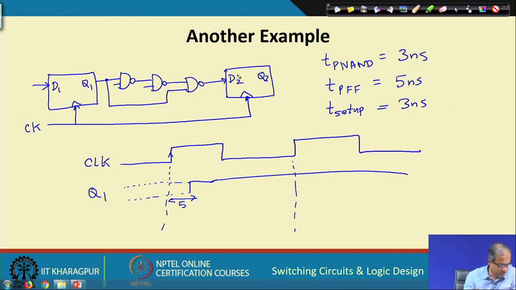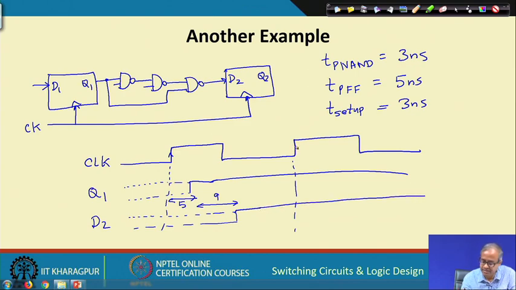Now, let us talk about D 2. What will happen with D 2? D 2 will also face the delay of these 3 NAND gates, which will be equal to 3 into 3, 9. So, there will be another delay of 9 nanoseconds after this. D 2 was whatever value it was, I do not know. After that, the new value of D 2 will be generated here.